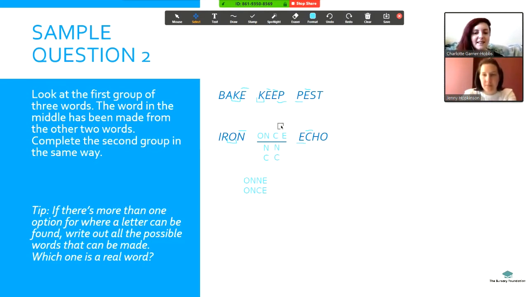So this one, it's all about just that organising. Keep everything in nice, neat columns. If you need to, write things out at the side of the page. Make sure, obviously, you're not scribbling and making a mess of your exam paper. If you make a mistake, do a neat line through it or rub it out if you're using a pencil.